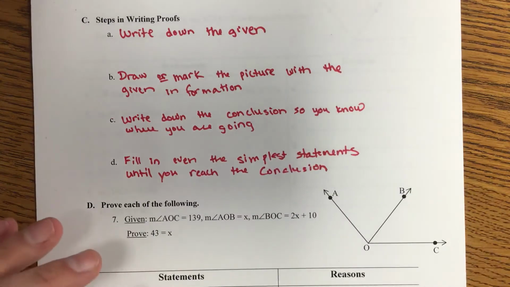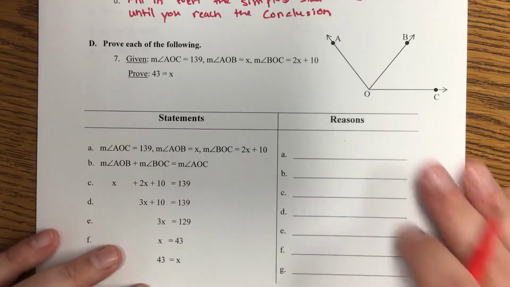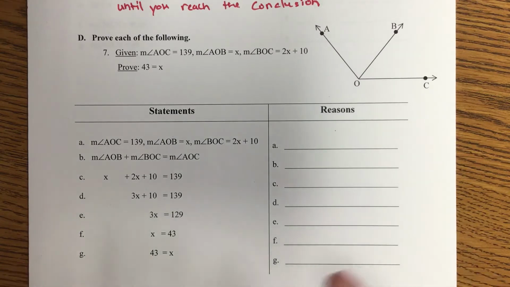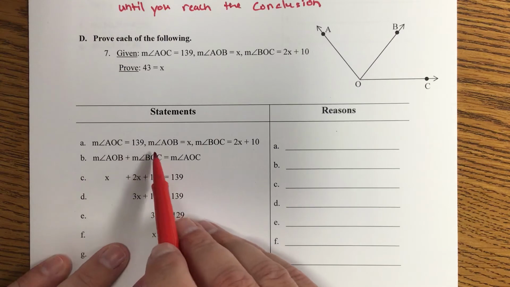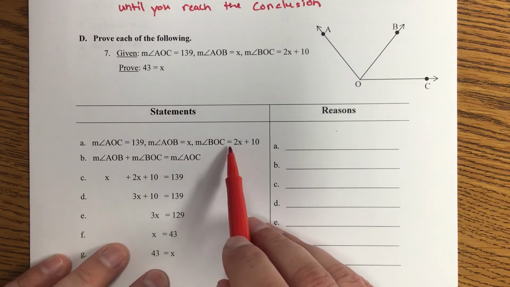Okay, so the first couple today, you're already going to be given the statements and we just have to fill in the reasons, okay? So, here are the statements. The reasons are the theorems, postulates, definitions that we have. So, statement 1 says measure of angle AOC equals 139, measure of angle AOB equals x, the measure of angle BOC equals 2x plus 10.